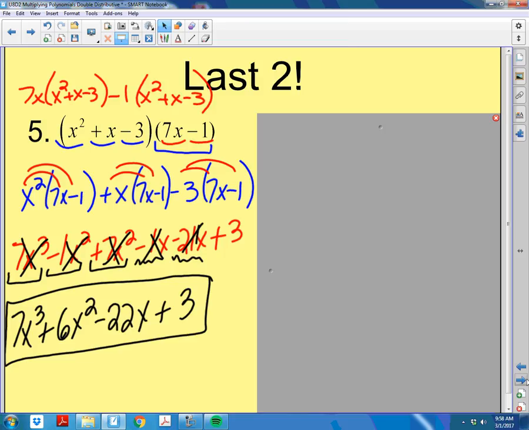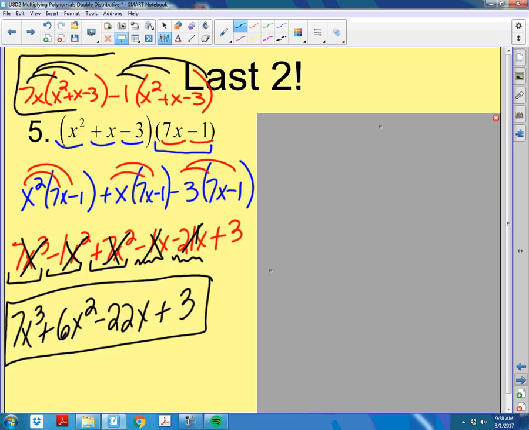I could have done the same distribution, and I would have ended up with the same thing if I was careful to make sure I combined like terms. The difference is when you do it this way, the like terms don't get grouped together. So they're spread throughout the expression, so you have to be a little bit more careful.